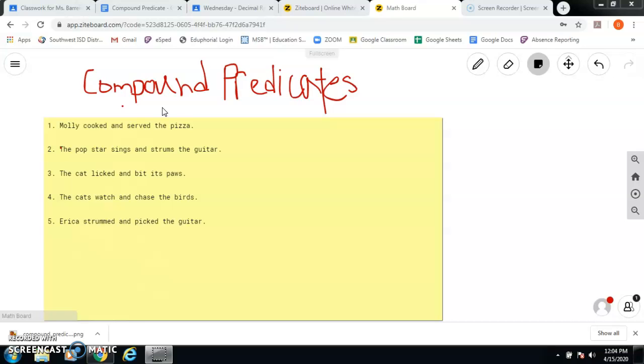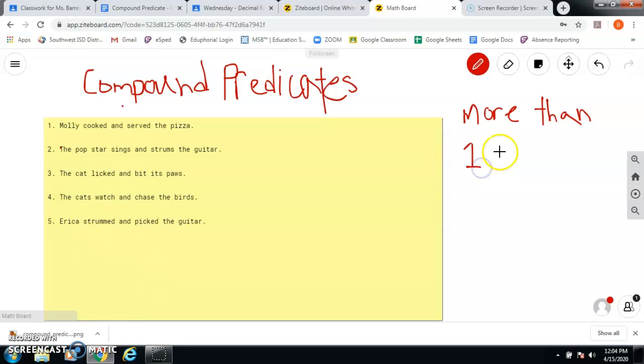Okay, so it's going to be more than one verb, okay? Do you know what a verb is? Okay, more than one verb.